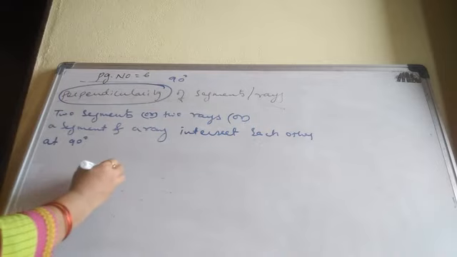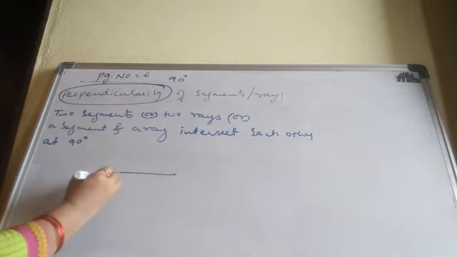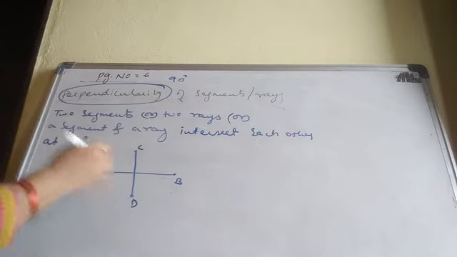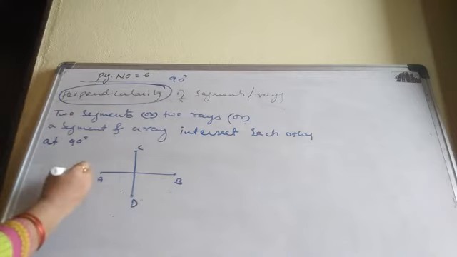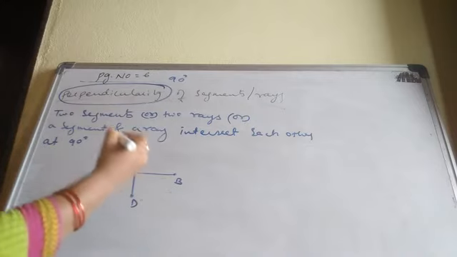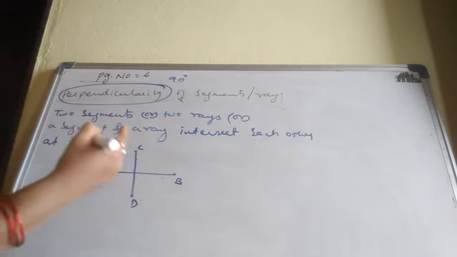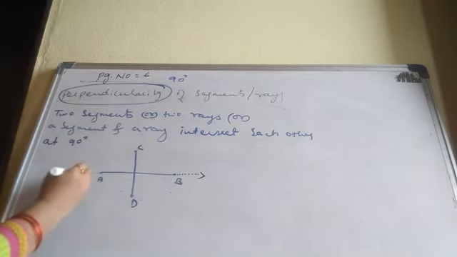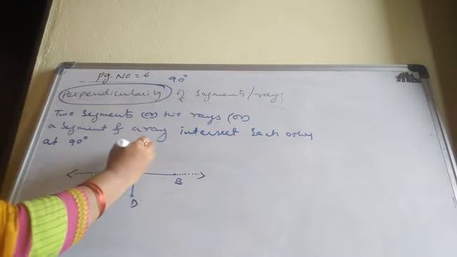Figure I will show. See, here I will take AB. Here I will take CD. Two segments over. Lines also we can draw. A ray is what? It is a portion of a line. Okay, see. This one, line.